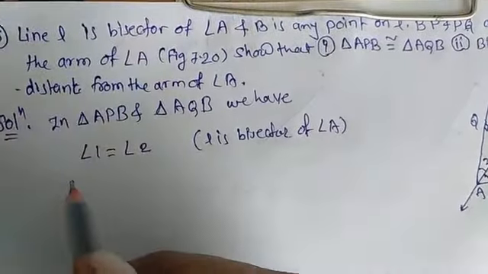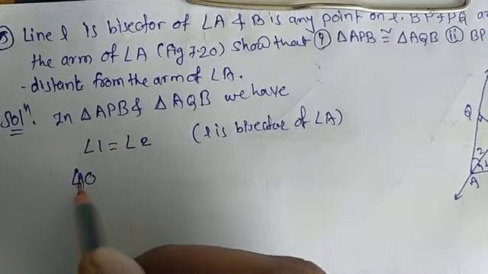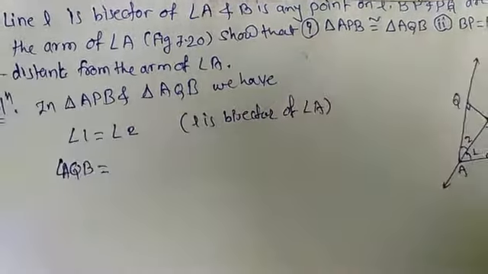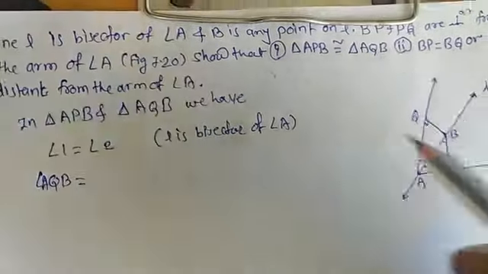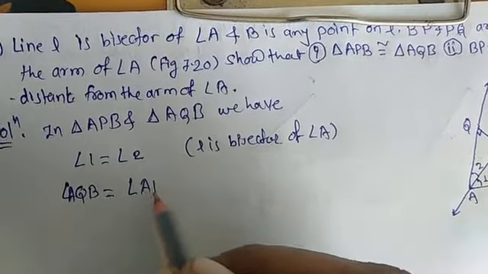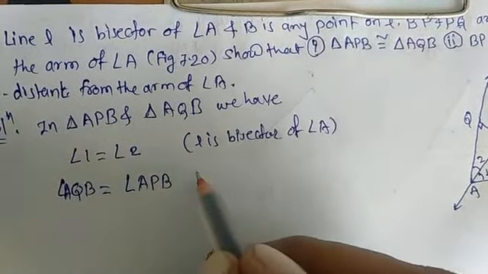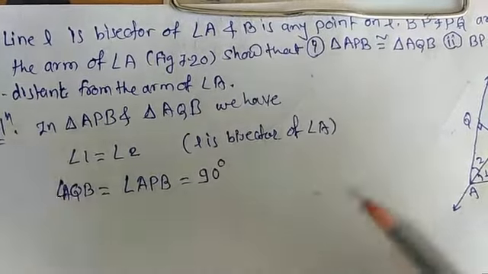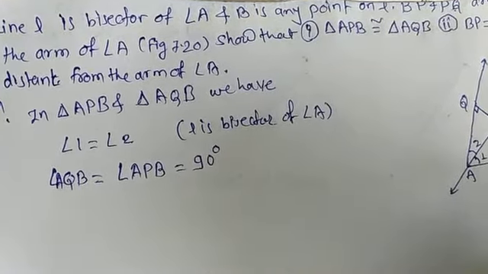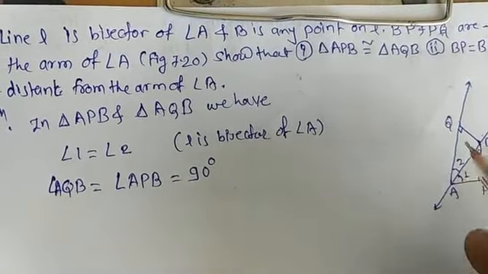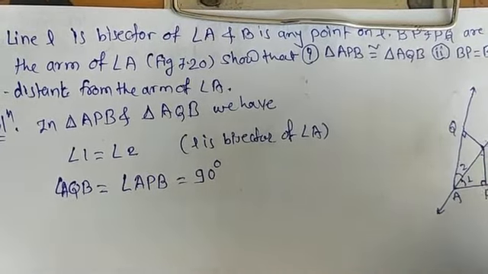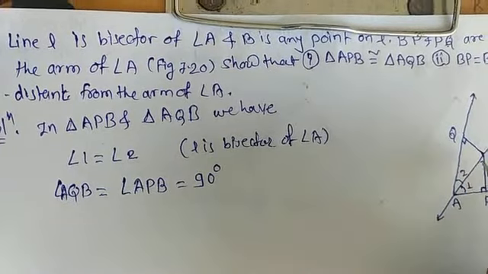Okay. Also angle AQB is equal to angle APB, both are perpendiculars, so they are 90 degrees. And one side is our common side. Which common side is there?